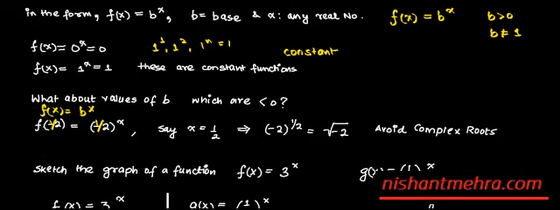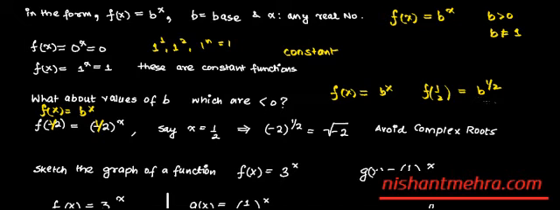I'm so sorry. What I'm trying to say is this: supposedly you have the function f(x) = b^x, and you want to calculate, say, f(1/2), that is b^(1/2). You can have bases which lie between 0 and 1.